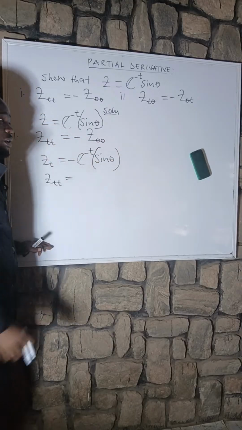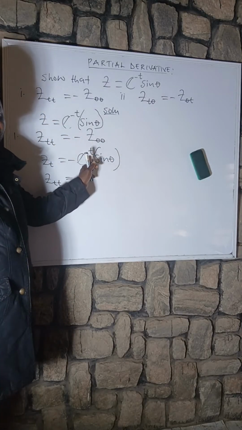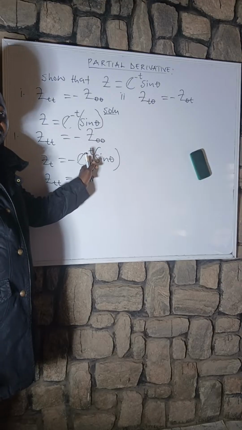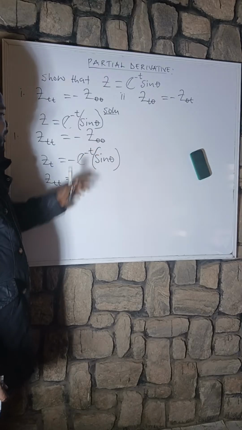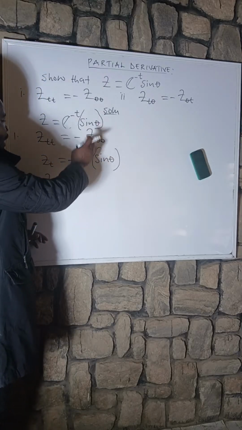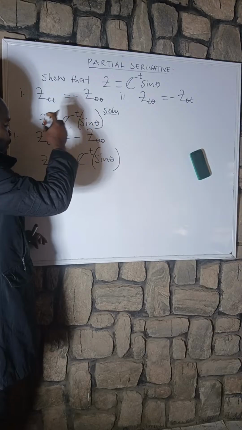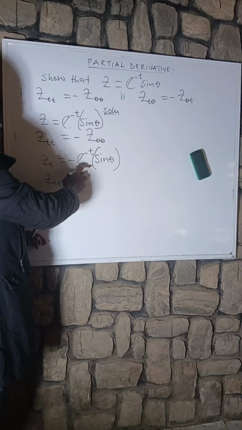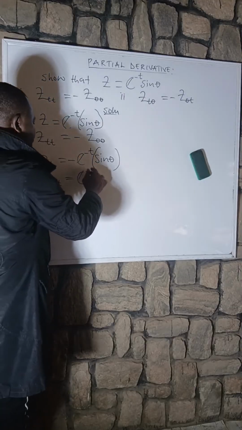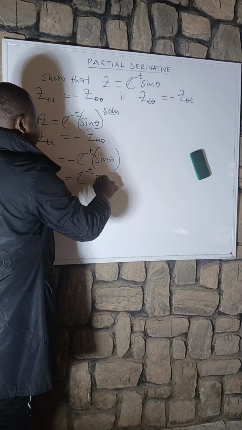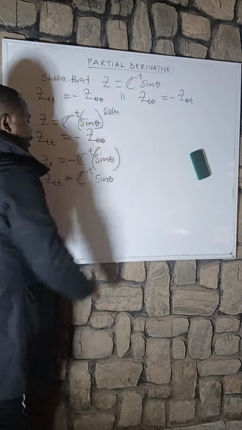Just focus on the function that contains t. So here we have minus exponential minus t. If you differentiate exponential minus t, you are going to have minus exponential minus t. Then minus times minus is plus. So here will be plus exponential minus t sine theta.